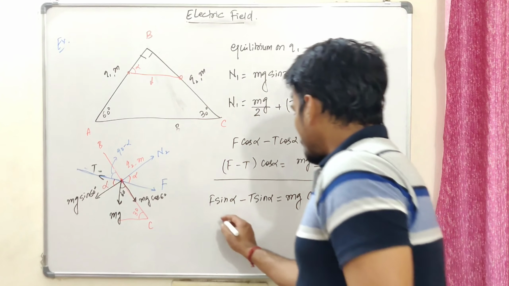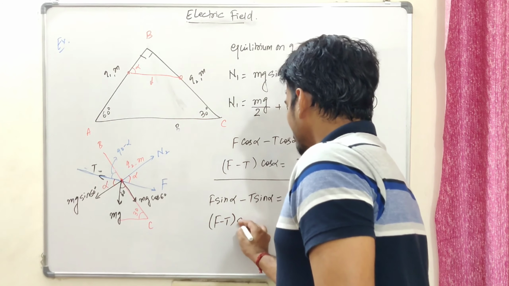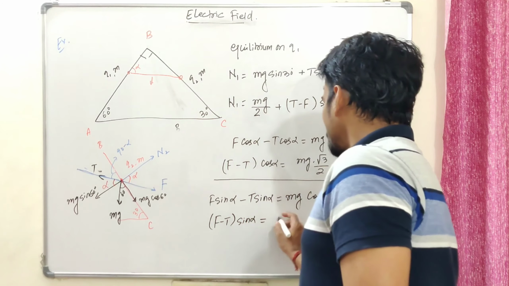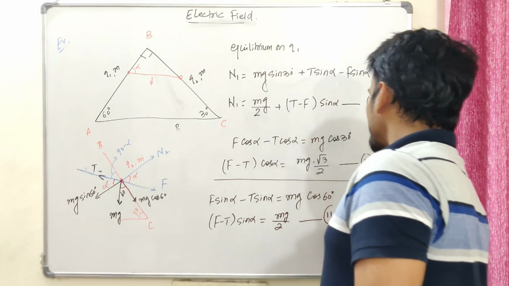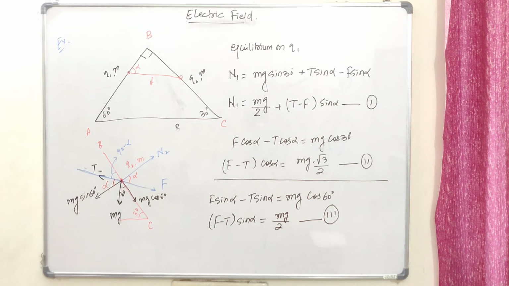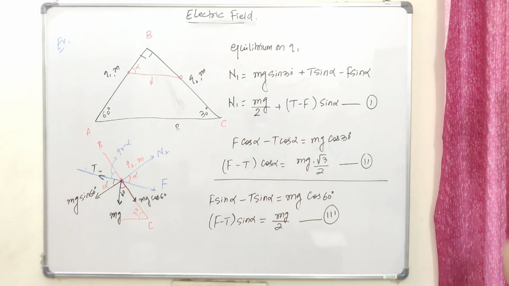So from here I can say F minus T sine alpha should be equal to mg over 2, and that is my third equation. Well guys, I can see from these three I can actually solve because we have three variables. Okay, now let's see how we can do it.